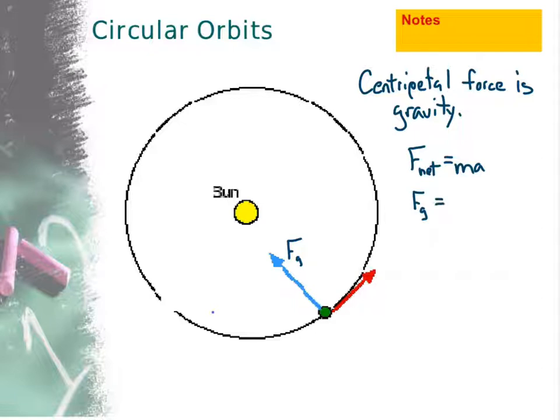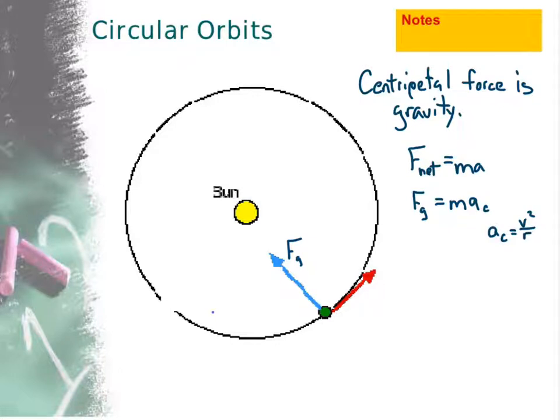And this equals the mass of the Earth times a. Well, what is the acceleration of the Earth as it goes around the Sun? That has to be a centripetal acceleration. If we go back to Unit 4, we have a formula for centripetal acceleration, and that is equal to v squared divided by r.